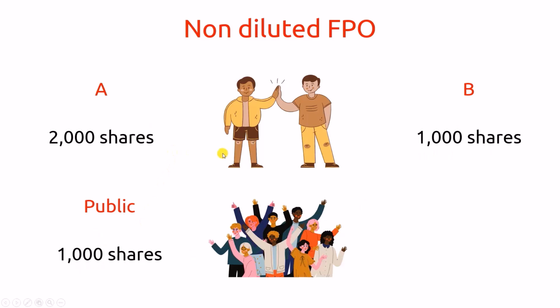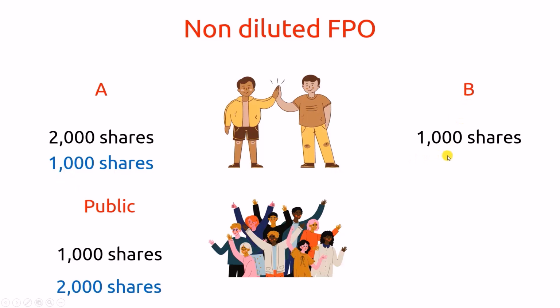If any of the promoter sells his own shares to the public, then it is called as non-diluted FPO. For example, he had 2000 shares. If he decides to sell 1000 shares to the public, then the public will be having 2000 shares. He will be having 1000 shares and this promoter will be having 1000 shares.